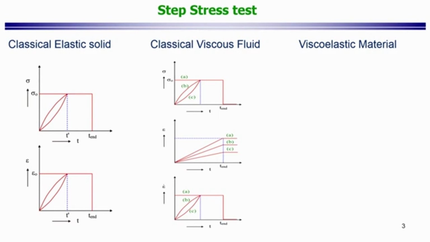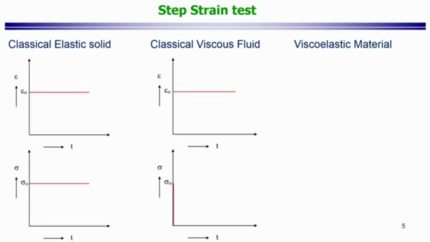Another was the step strain test, where in a classical elastic solid you applied a known amount of strain and the system registered a certain amount of stress, and that value of stress was kept at that value for a long time.